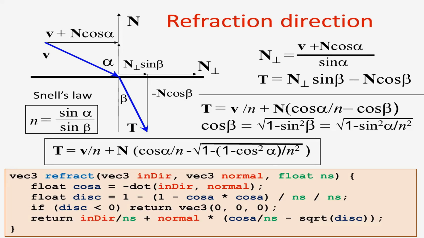For example, when the ray is originally in water and meets the surface separating water from the air. Negative discriminator indicates that there is no refraction direction because the light gets fully reflected. This situation is called the total internal reflection, and the threshold angle when it first occurs is the Brewster angle.